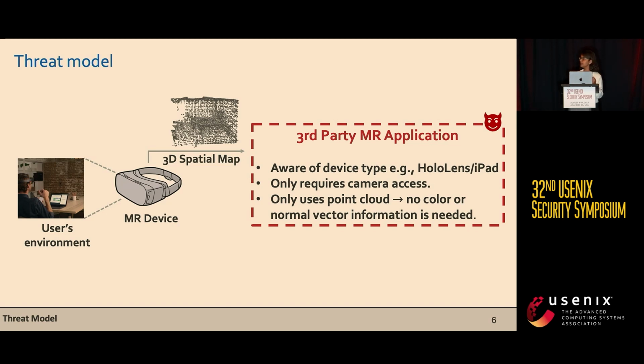We also assume that the malicious app used by the adversary does not require any explicit permission, like location, except having access to the camera, which by default most MR applications need to enable mixed reality content. We also assume that the adversary only leverages the 3D point cloud embedded in the spatial map without any additional information like color or normal vector to generalize this attack to various mixed reality devices.